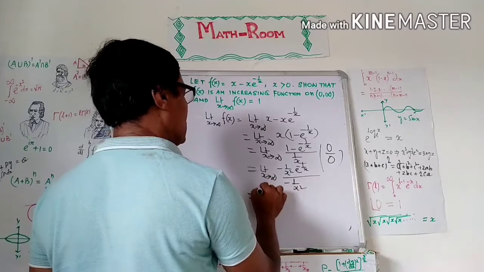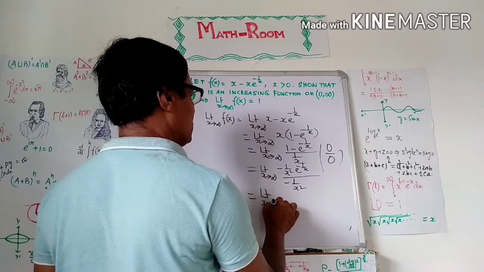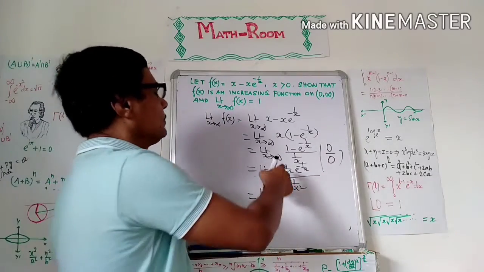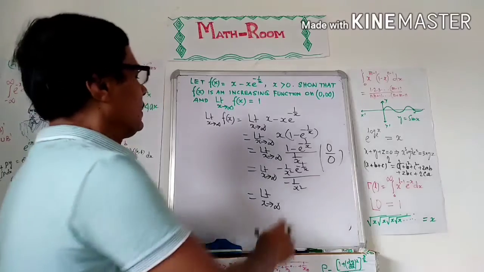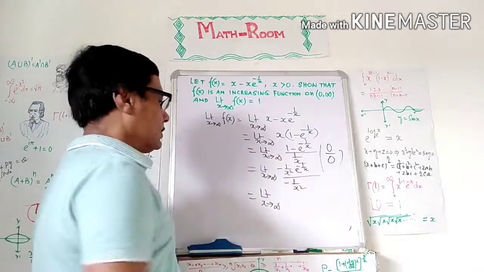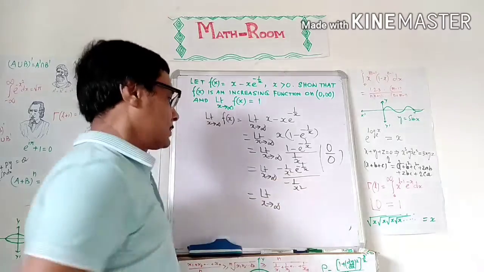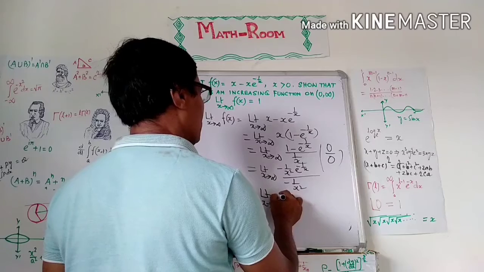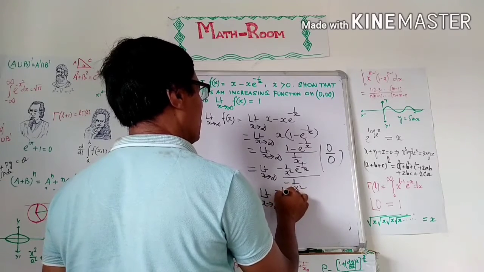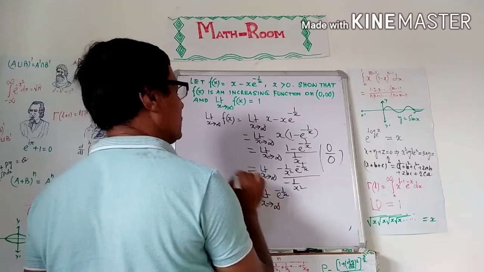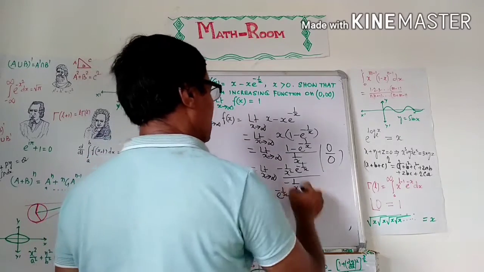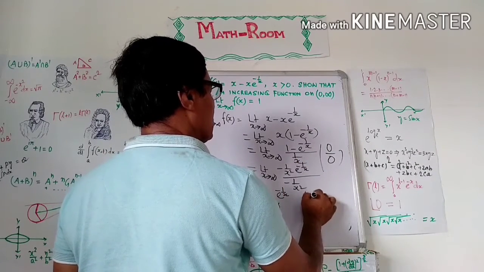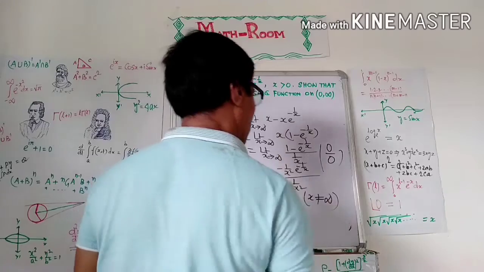So this can be written as the limit as x tends to infinity. 1 over x square and 1 over x square are cancelled out. That is, if you divide these two terms, 1 by x square by 1 by x square, after division we get e to the power minus 1 by x, as we can divide these two terms because x is not equal to infinity.